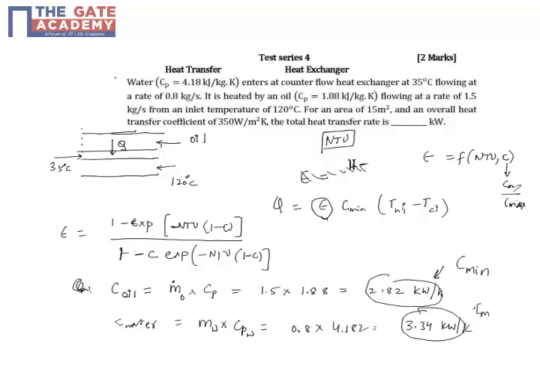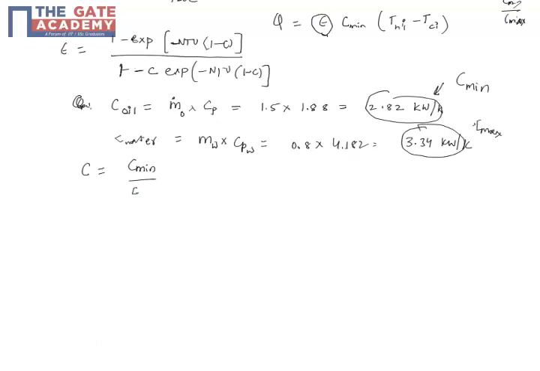Once we identify this, we can directly get the ratio C min by C max, because our formula is in terms of these. So C min is 2.82 by C max, which is 3.34. So this ratio is basically 0.84.